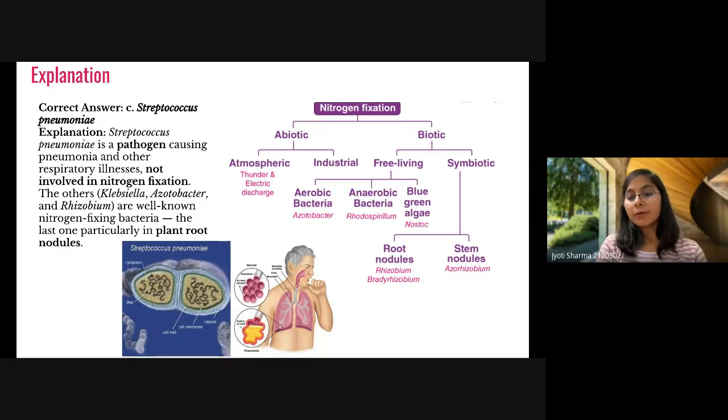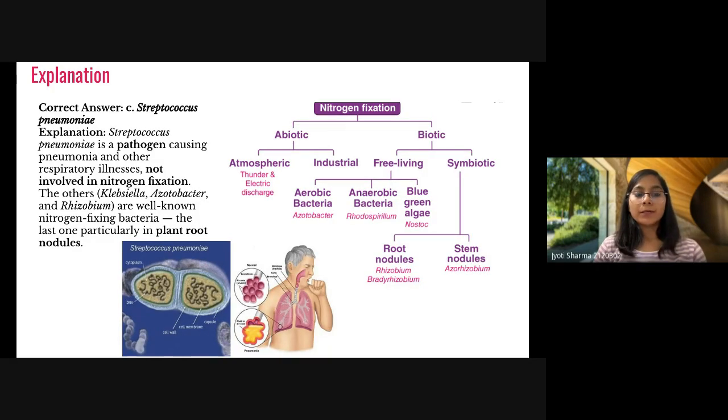But if you are talking about bacteria that have a symbiotic relationship, examples of that can be Rhizobium, Azorhizobium, right? And just see here the explanation. Streptococcus pneumoniae is a pathogen causing pneumonia and other respiratory illness, but it is not involved in nitrogen fixation.